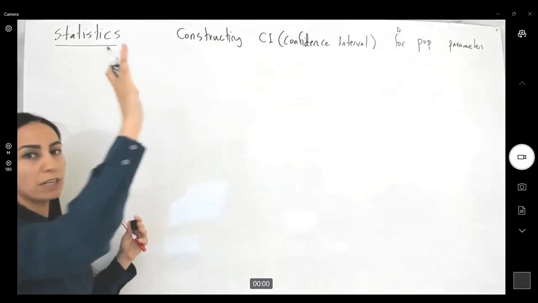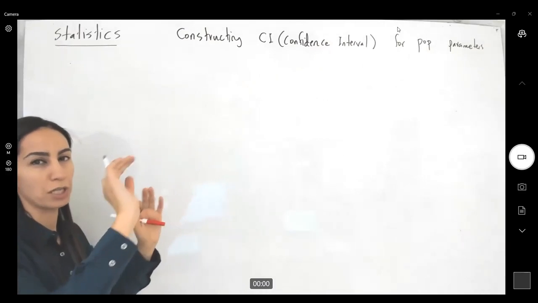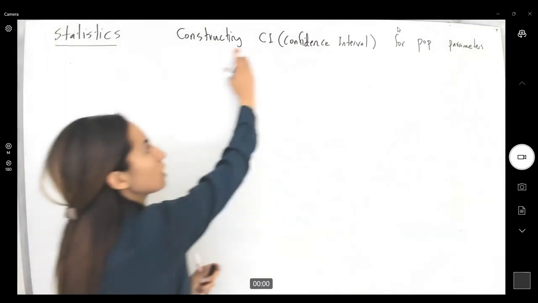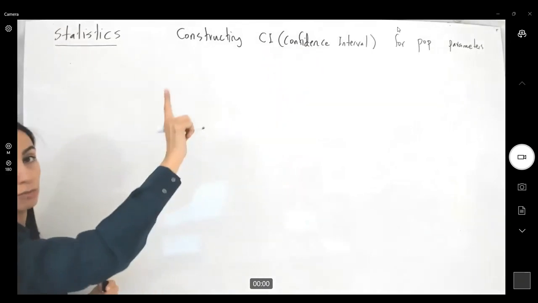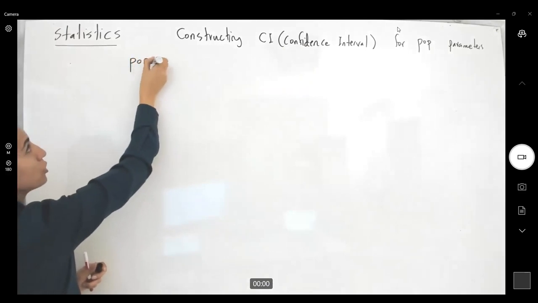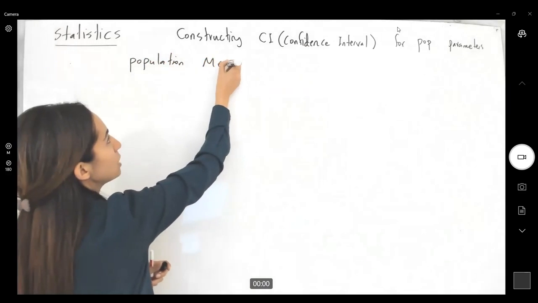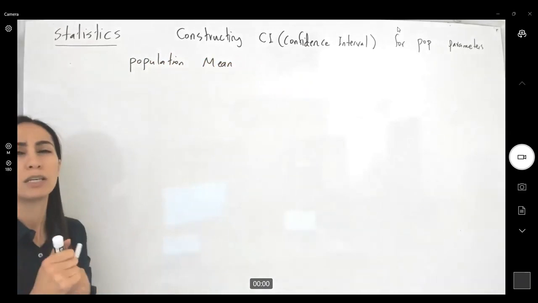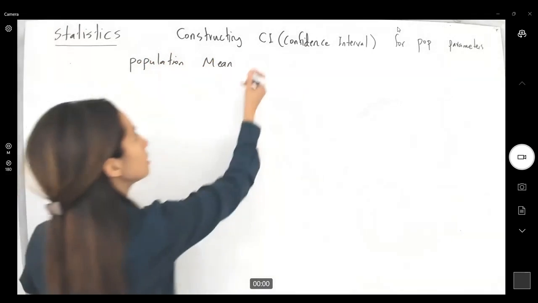So our very first focus is working on population mean. When we are constructing a confidence interval for a population parameter, suppose you are working with population mean. Population mean is denoted by the Greek letter mu.